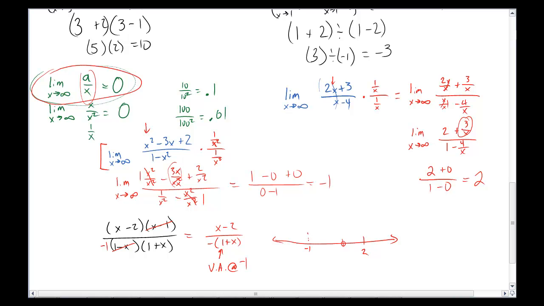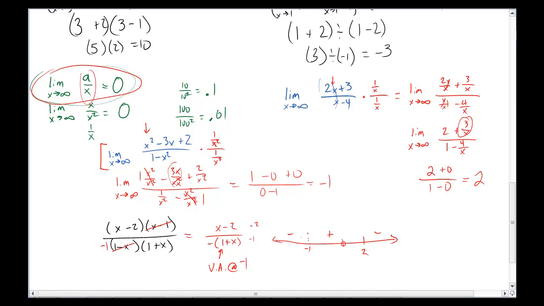Okay, so if I put in a number, say 0, 0 minus 2 will be negative 2, and then negative 1 plus 0 will be negative 1, I get a positive number. So I get a positive number here. It should alternate on either side, which means it should look something like this. All right, no problem there. None of these are double roots, so it should just be alternating just like that.